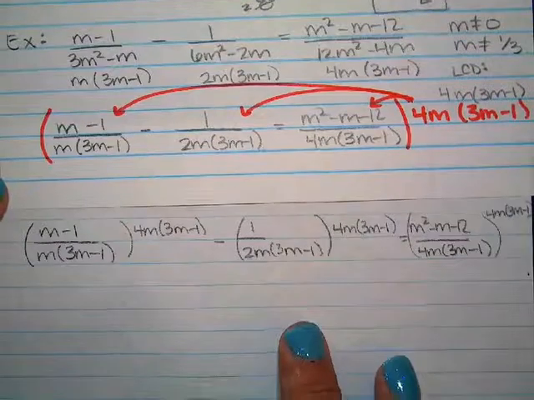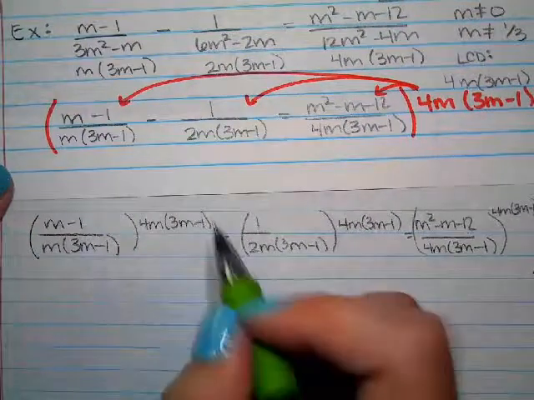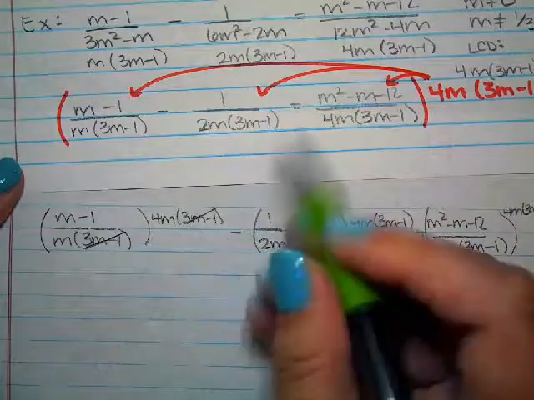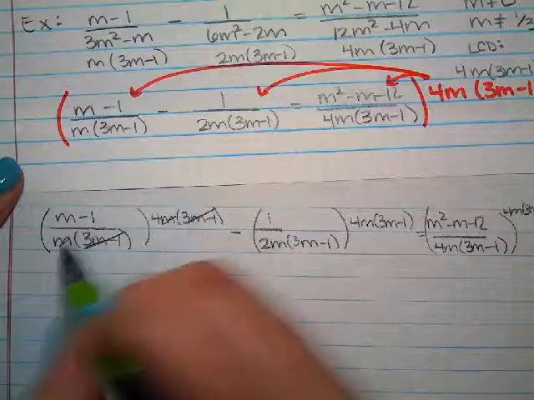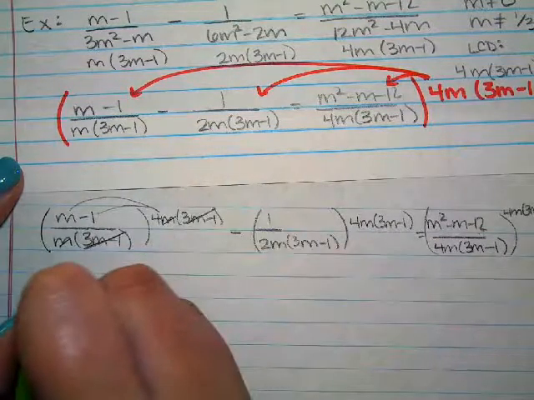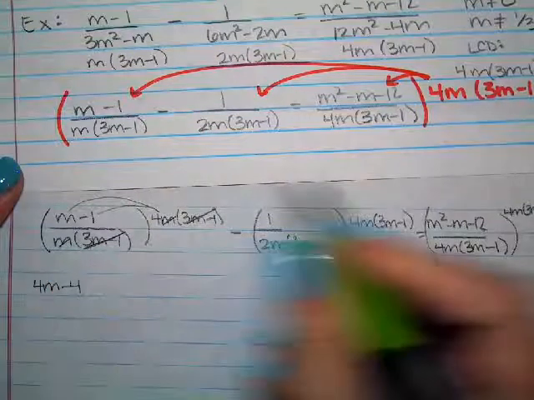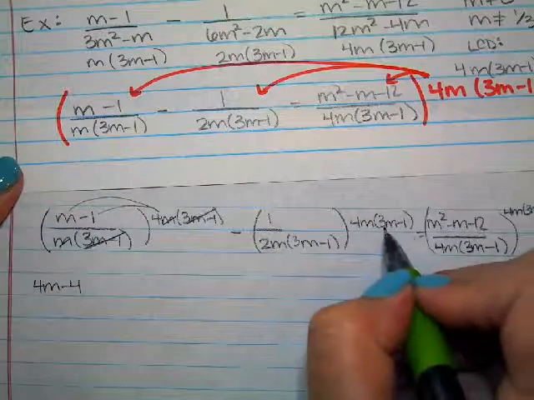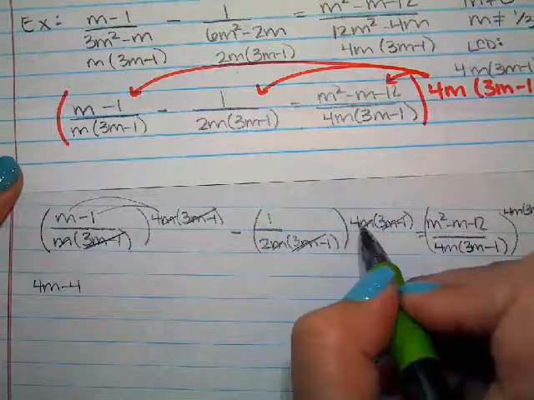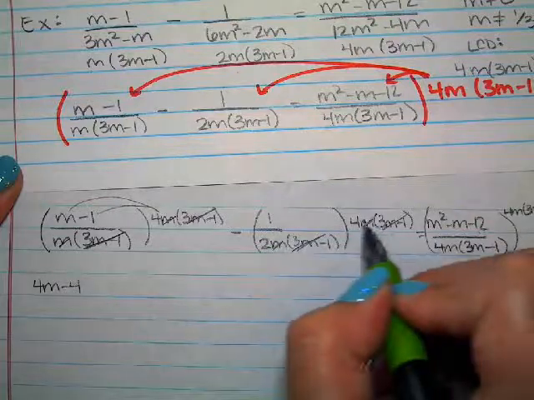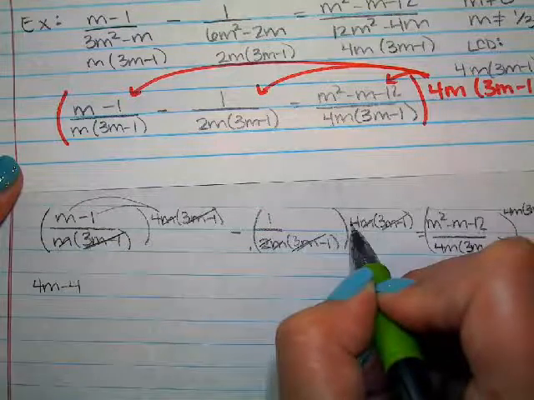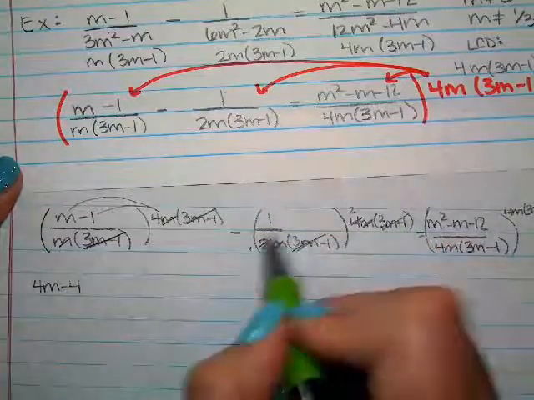So for the first term, I can see the 3m minus 1's definitely cancel, and then the m cancels, and I'm left with 4m minus 4. For the next term, the 3m minus 1 cancels, the m cancels, and then the 4 and the 2 just reduce. So 2 goes into 2 once, so that's basically gone, and then 2 goes into 4 twice. Minus 1 times 2.